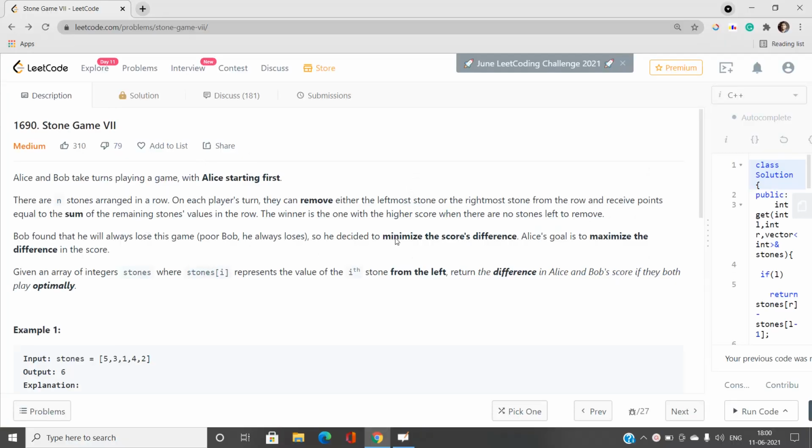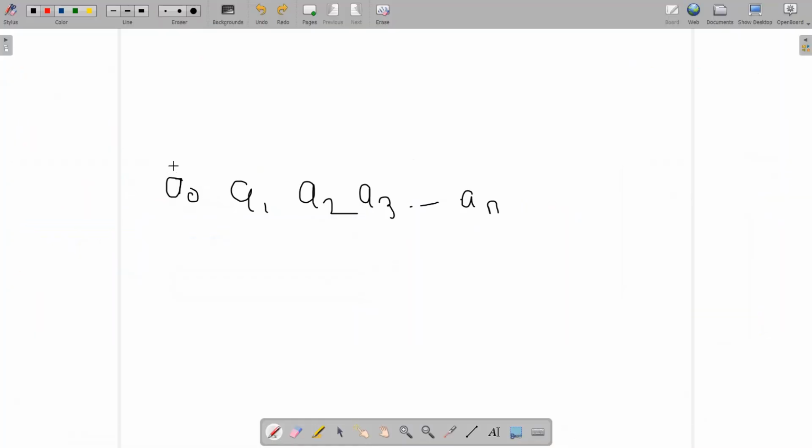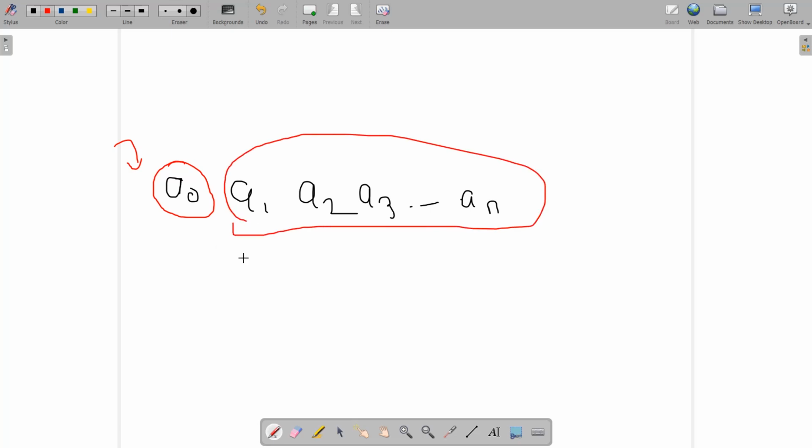And what about the further statements? On each turn they can remove the leftmost or the rightmost stone and receive points exactly equal to the sum of the remaining stones in the row. That is, if a person picks up stone a0, then the score that he or she will get is the remaining sum, that is the sum of the array starting from i plus 1 up to j.